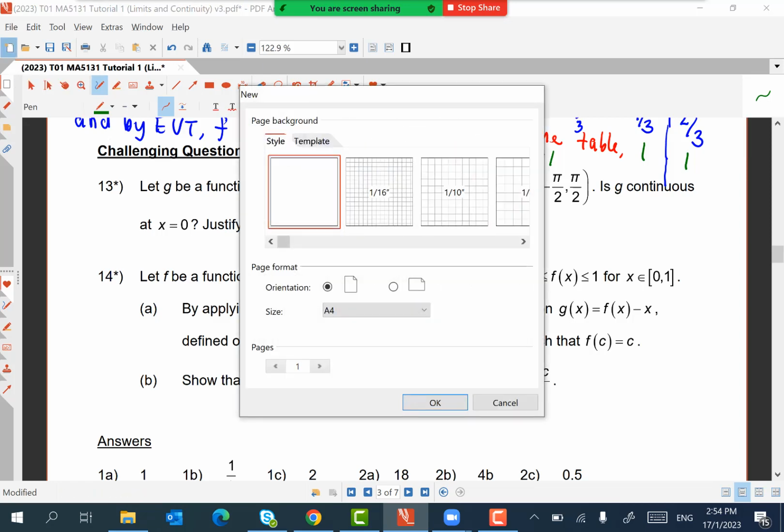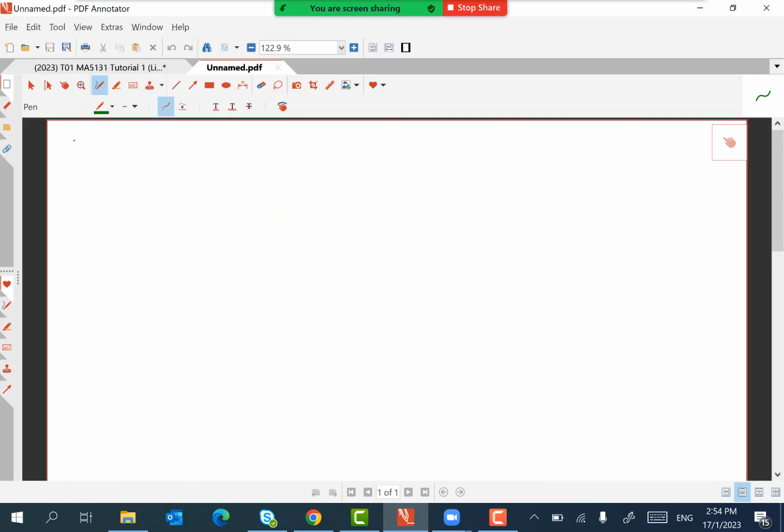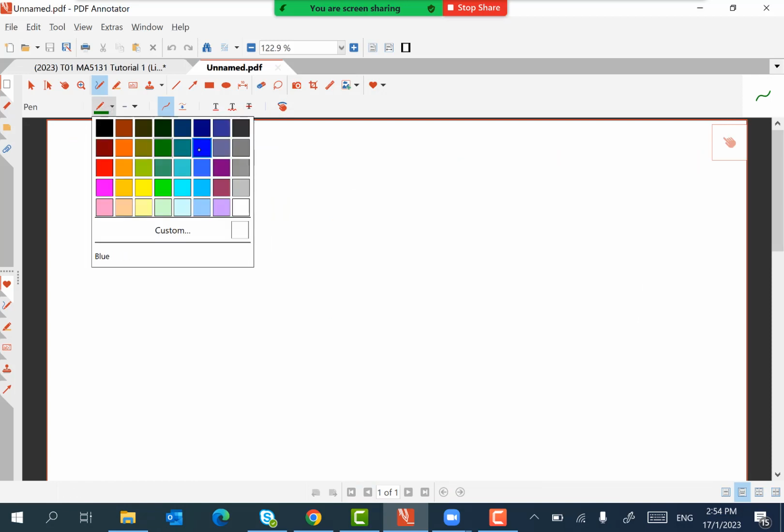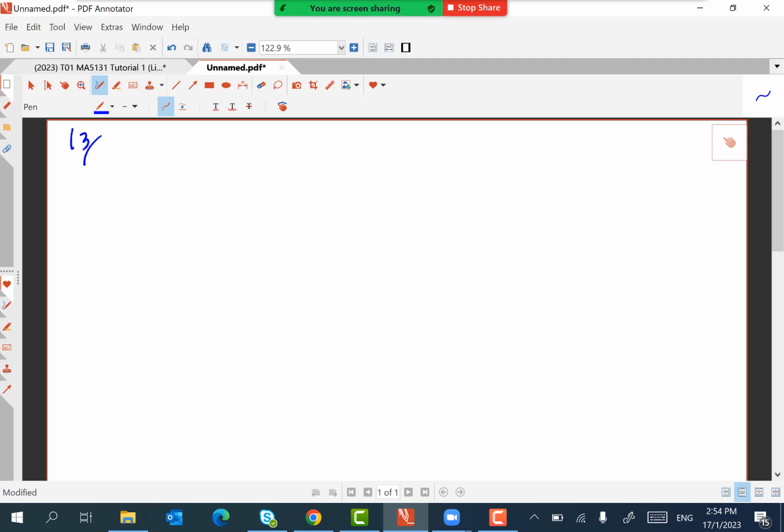I thought I would write out question 13 nicely. I'm going to start with a blank page. We are all looking at the question paper. Question 13. Given this condition, given this 1 minus x squared, g(x), and then x is within this interval.